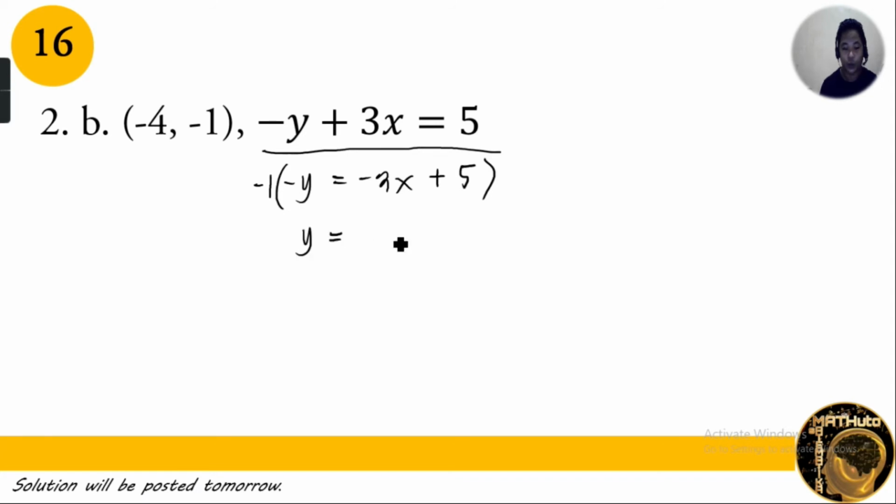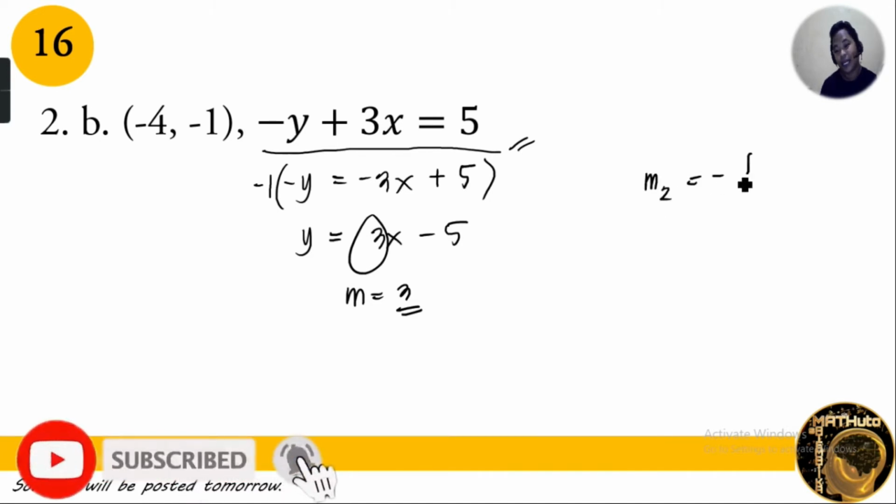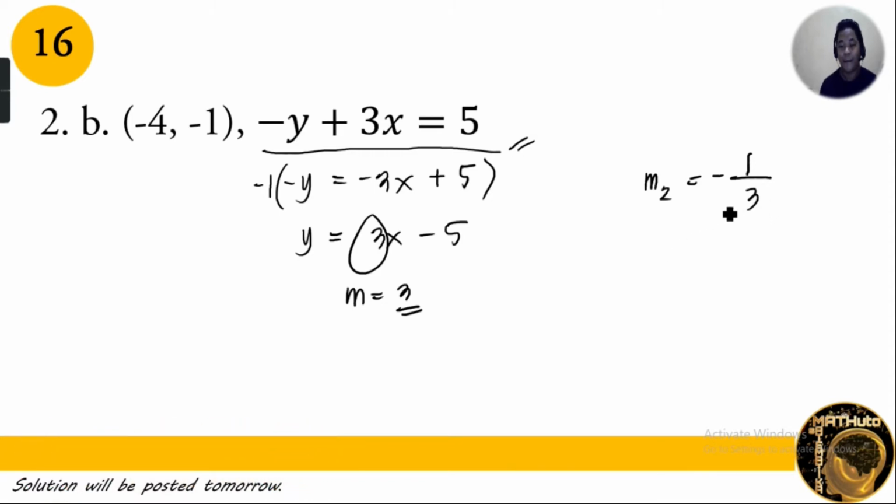So, y is equal to positive 3x minus 5. Therefore, the value of m is equal to 3. Then, sabi ko kanina, the slope of the line perpendicular to this line is equal to the negative reciprocal. So, ibig sabihin, m sub 2 is equal to negative 1 over the slope of this line, which is 3. So, ibig sabihin yung ating slope ng perpendicular line is equal to negative 1/3 po.